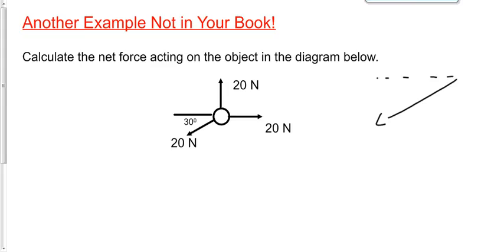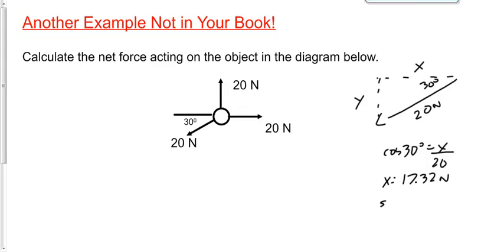We've got our angle of 30 degrees here, and we've got our hypotenuse of 20 newtons. Here's our x component. Here's our y component. We're going to say cosine 30 degrees is equal to adjacent over hypotenuse. X ends up being equal to, I think it's 17.32 newtons. And then we're going to say sine 30 degrees is equal to opposite over hypotenuse.